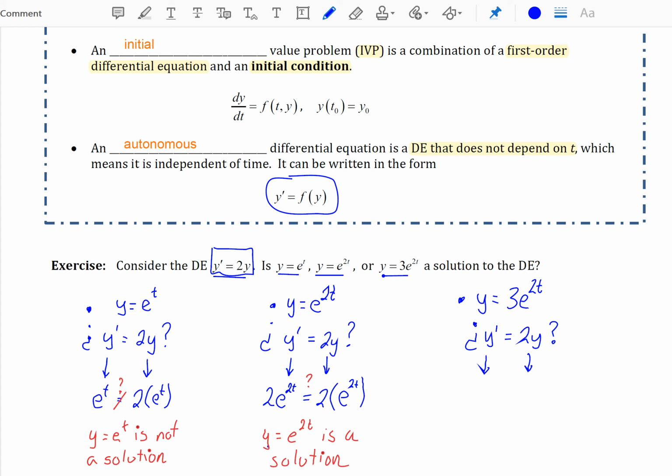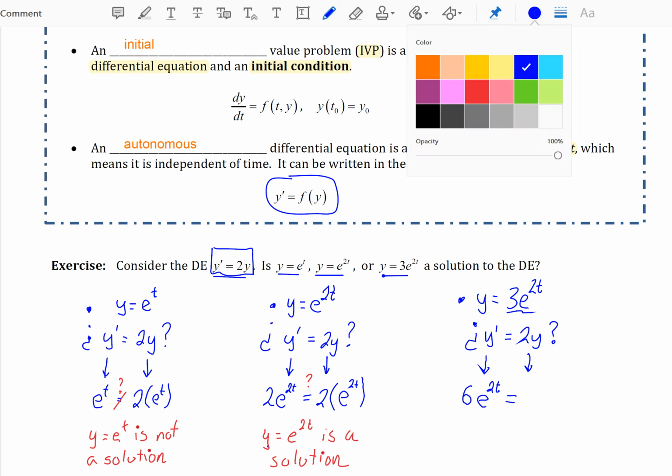Left-hand side, we'll take the derivative of the proposed function. Here, the derivative of 3e to the 2t, we'll do the e to the 2t. The derivative of e to the 2t is e to the 2t times, by the chain rule, a 2, which will make the front coefficient a 6.